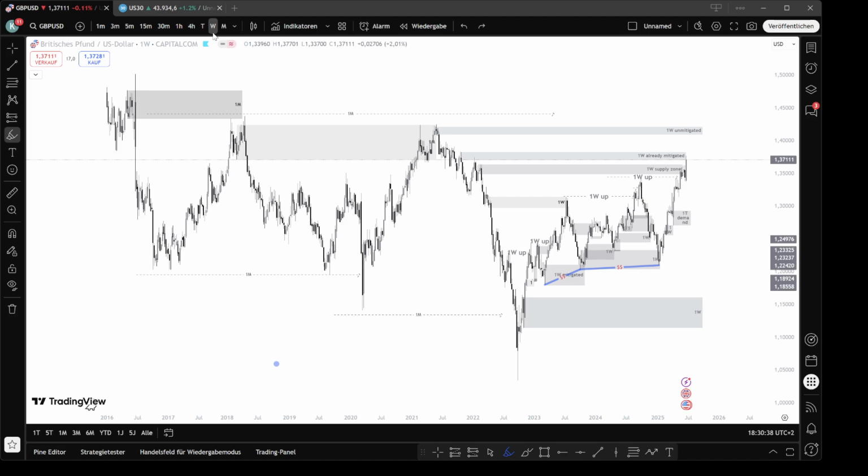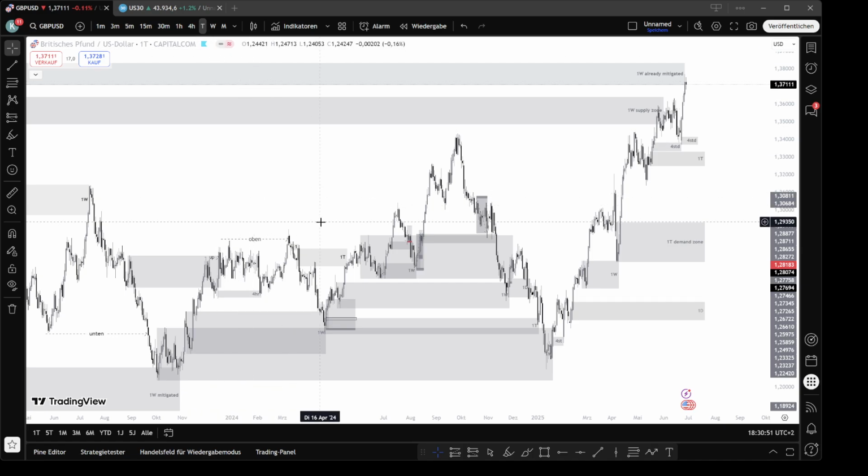So now we're on the weekly time frame. We'll go a step further onto the daily time frame, so that we'll be able to have a clear picture of what the market is doing. So we'll go one chart below.